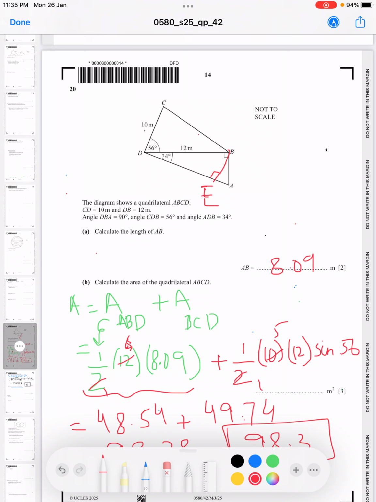Okay, so again we will use the trigonometric identities, and by using sine theta equals to perpendicular over hypotenuse. So in this case we will take the triangle, this one, BDE.